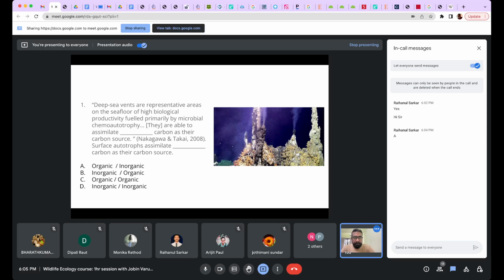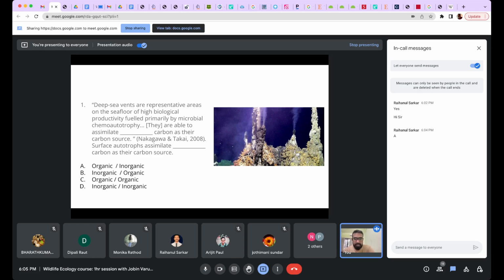Deep sea vent is just one example; there are other examples of chemoautotrophy elsewhere in the world as well. The picture in the slide, like what you may have seen in Little Mermaid in a cartoonish way, shows deep sea vents, where autotrophy is happening. So this is mostly chemoautotrophy.